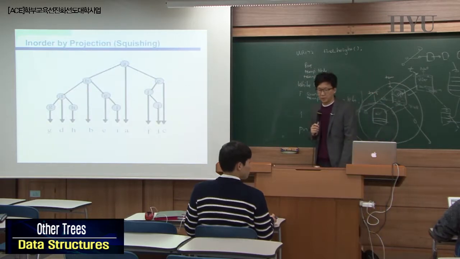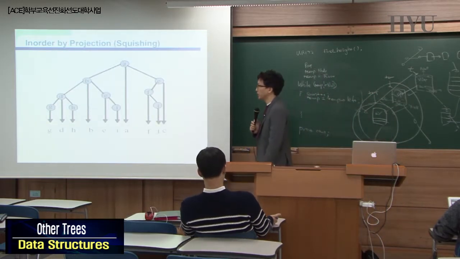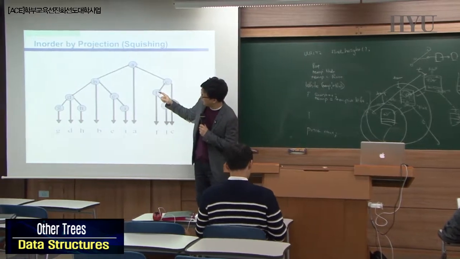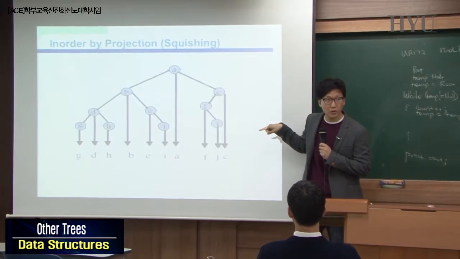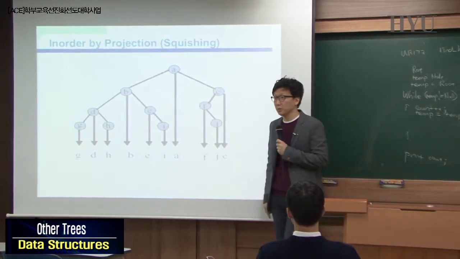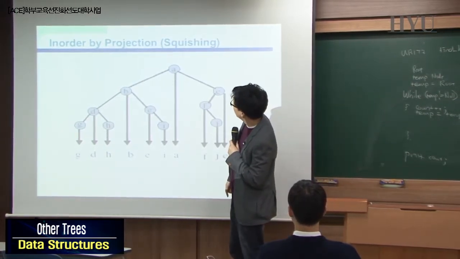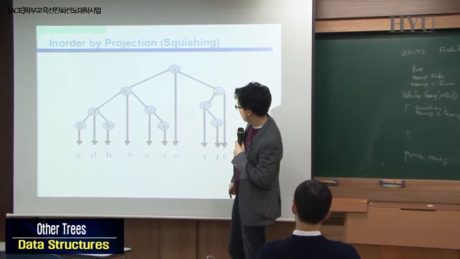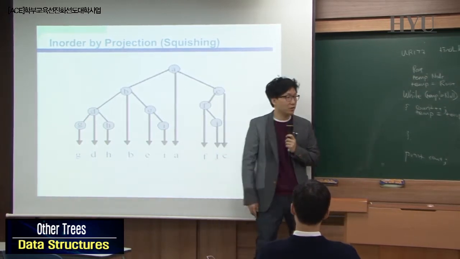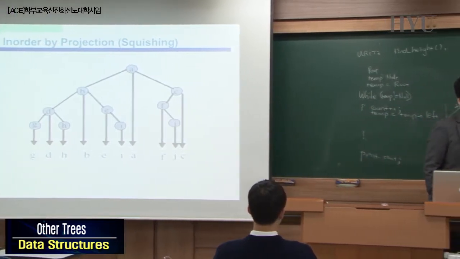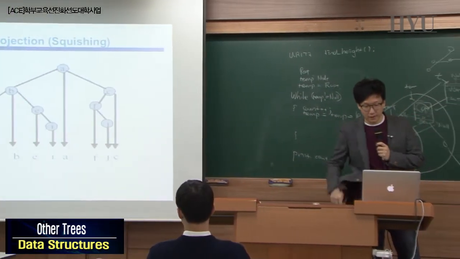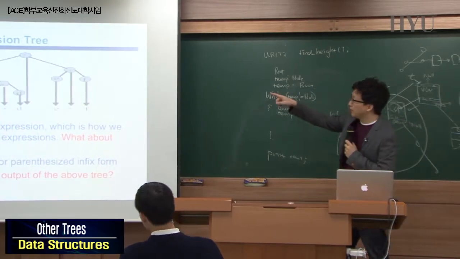In order by projection. Actually, in another way of doing it, you did it this way. Right? If you do in-order this way, it's the same as just reading straight down what's below. If I do this on an expression tree, it would probably look like a right formula. Right? Expression tree in order looks similar, like these ones.